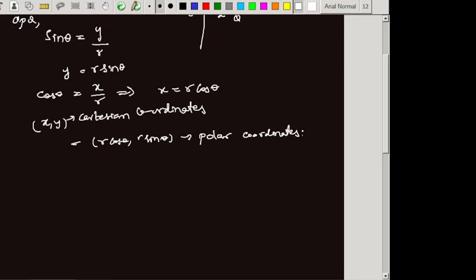So we must divide by cos θ. Dividing by dr/dθ, we can write minus r divided by (dr/dθ) into sin θ divided by cos θ plus 1. So we must take cos θ also common.